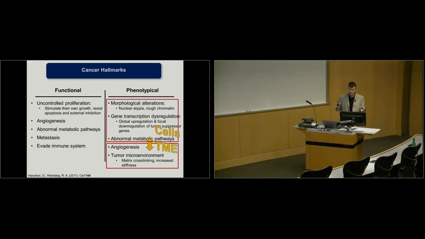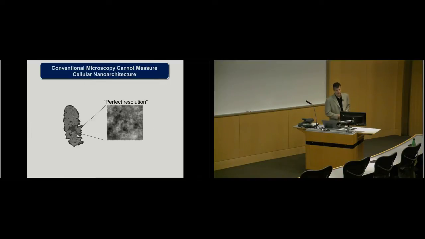The imaging that the Nanocytometry Core provides can address quite a few of these phenotypes, pretty much most of them, with the exception that it cannot measure gene activity directly, at least not just yet. Let me start with one quick physical fact.